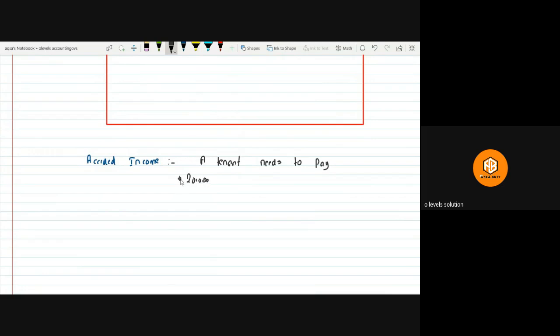A tenant needs to pay $20,000 to you in order to use your factory for 1 year. This is the annual payment.